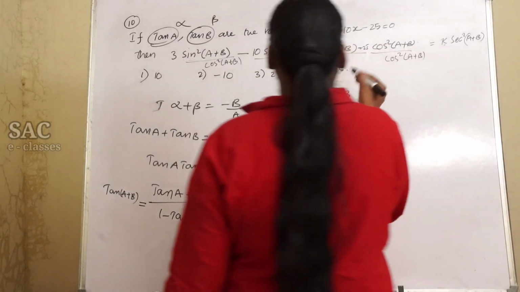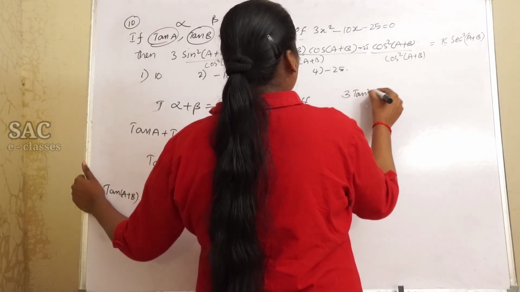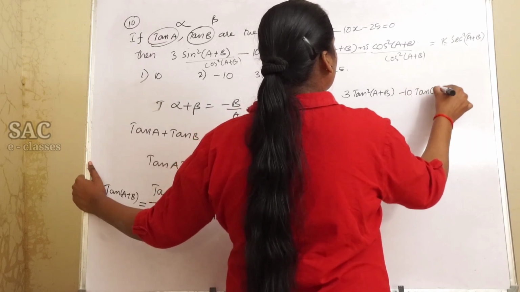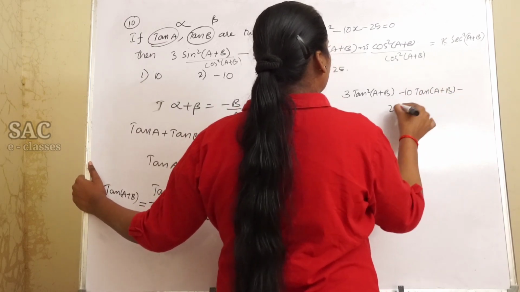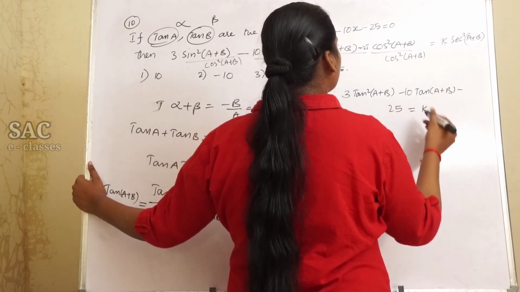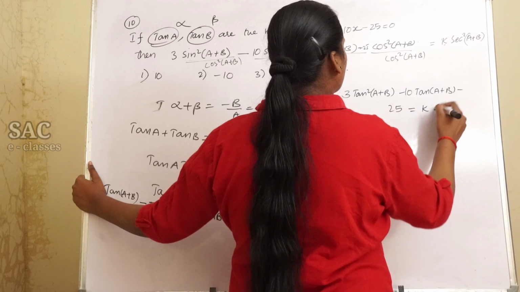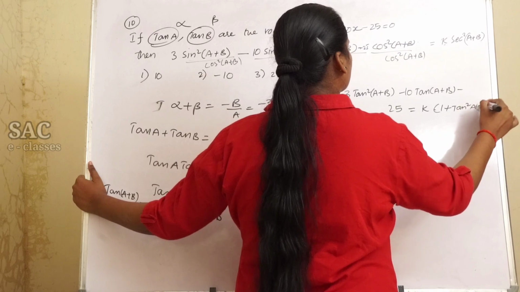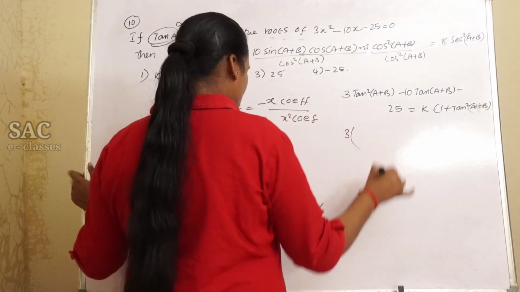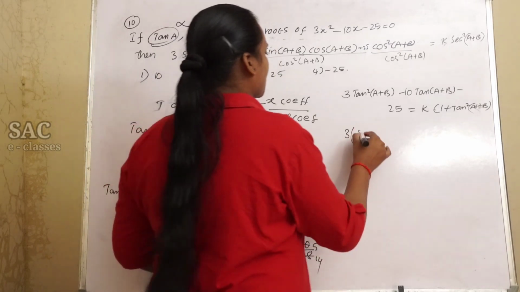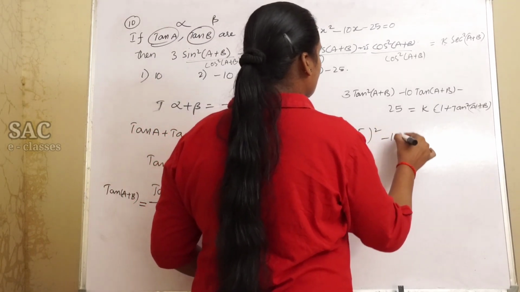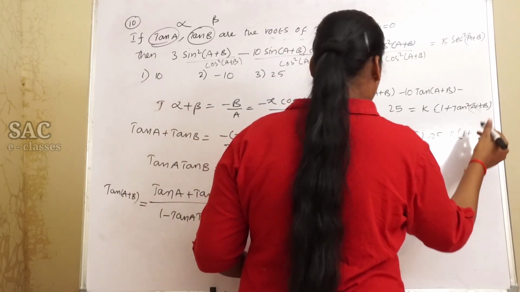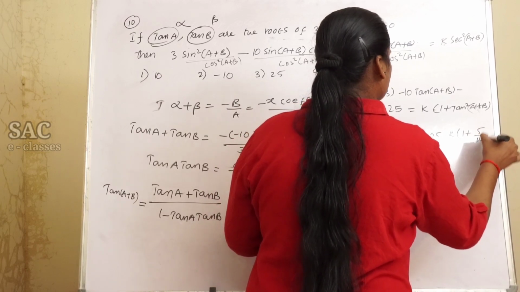So you will get 3 into tan square a plus b minus 10 into tan of a plus b minus 25 is equal to k into secant square a plus b, which can be written as 1 plus tan square a plus b. So 3 into tan square a plus b, which is 5 by 14 whole square, minus 10 into 5 by 14 minus 25 equals k into 1 plus 5 by 14 whole square.